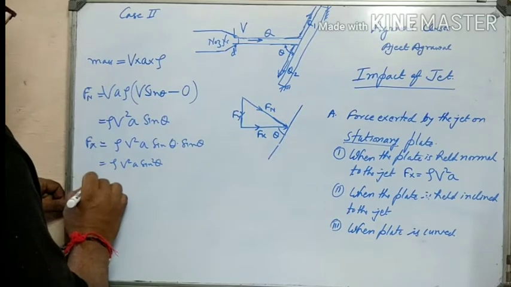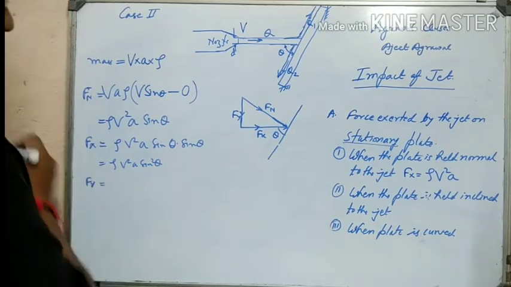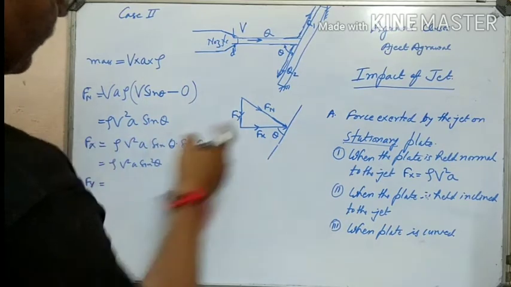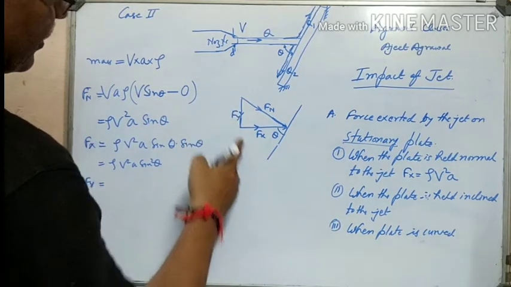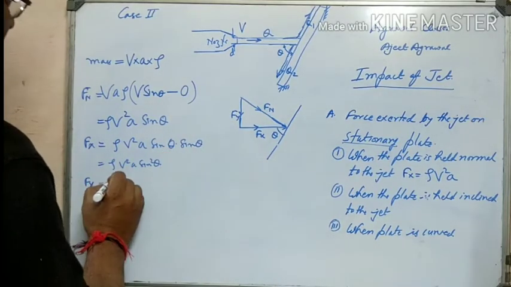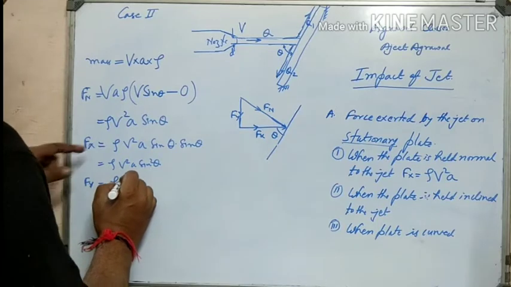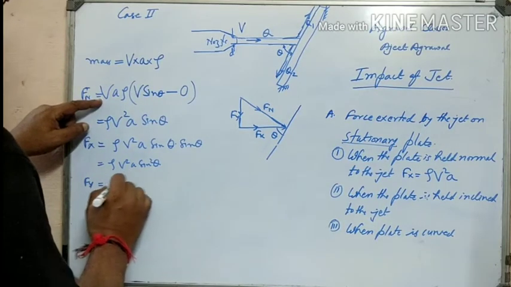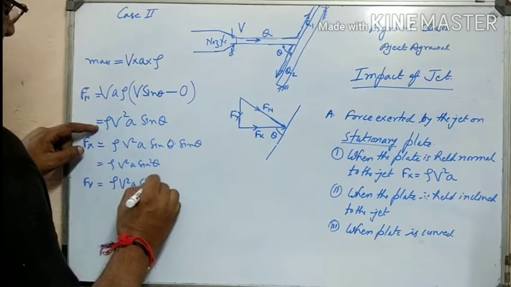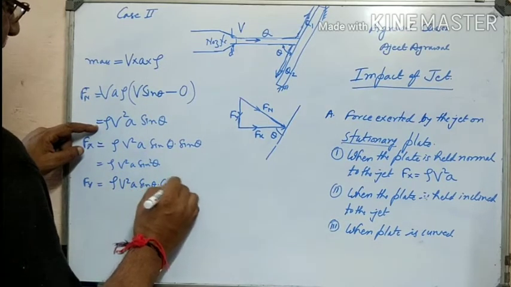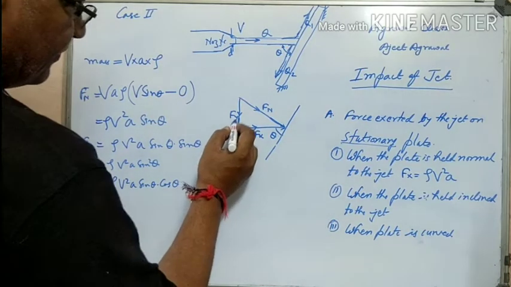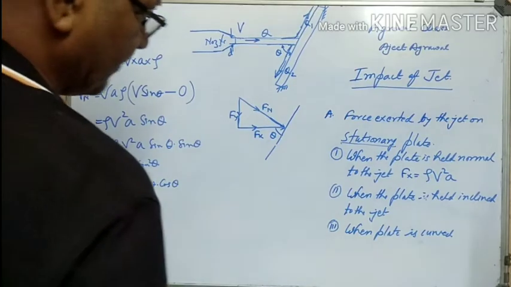And in the direction perpendicular to the plate, not perpendicular to the jet, the force Fy will be equal to rho V square A sin theta into cos theta. So this will be the force exerted in the perpendicular direction from the jet.